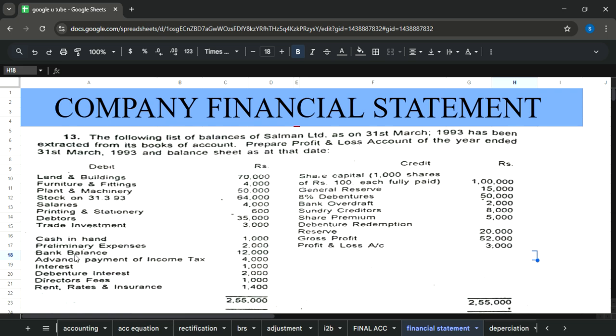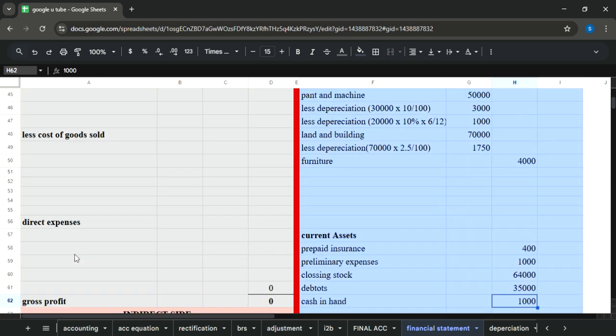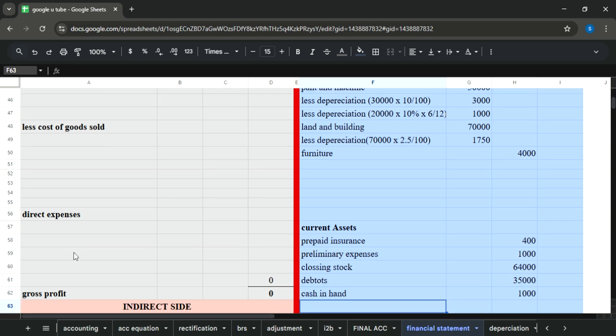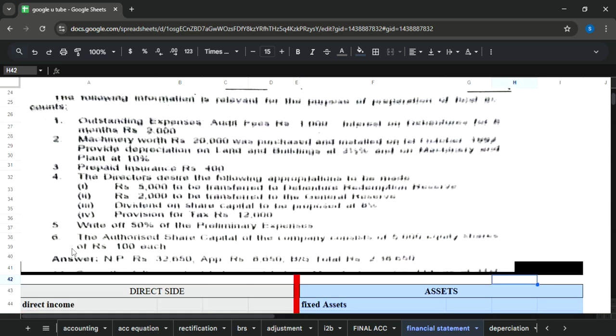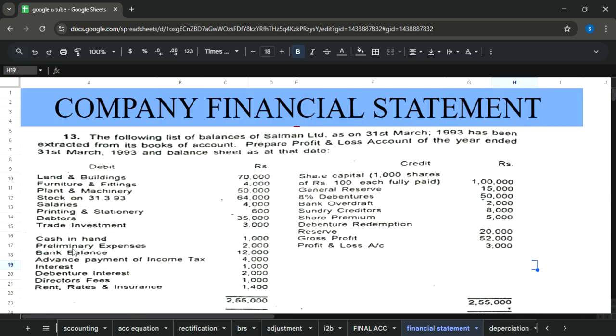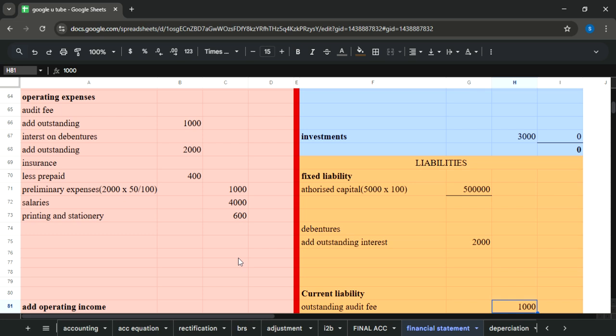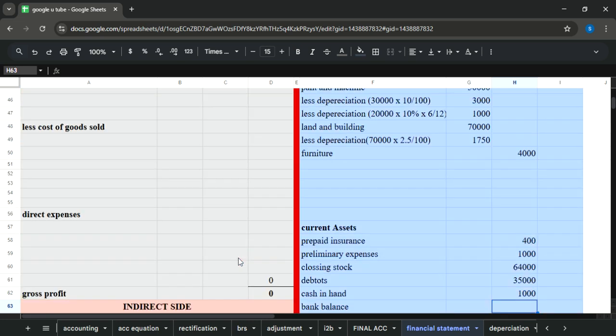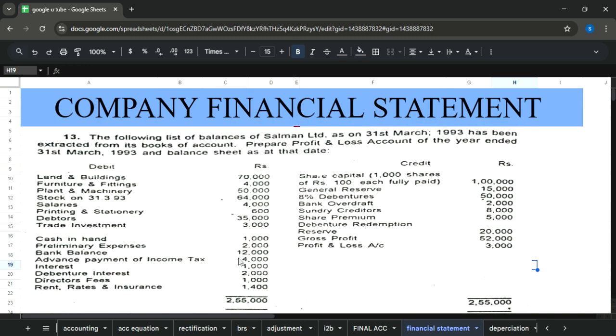Then we have bank balance. This is your current asset. Over here, you will mention bank balance, amount of which is 12,000. So here 12,000 would be mentioned. Then we have advance payment of income tax. Since you have paid this in advance, it is prepaid.